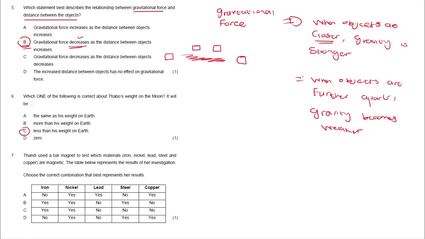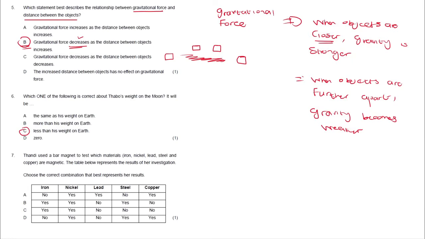Okay, and then next we will move to question 7. Question 7 says that Tandy used a bar magnet to test which materials. We are given iron, nickel, lead, steel, and copper.